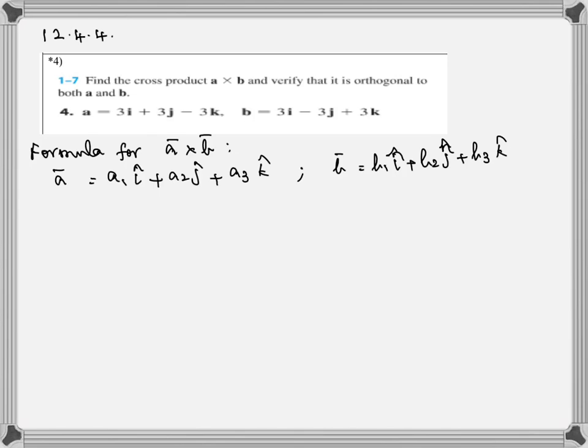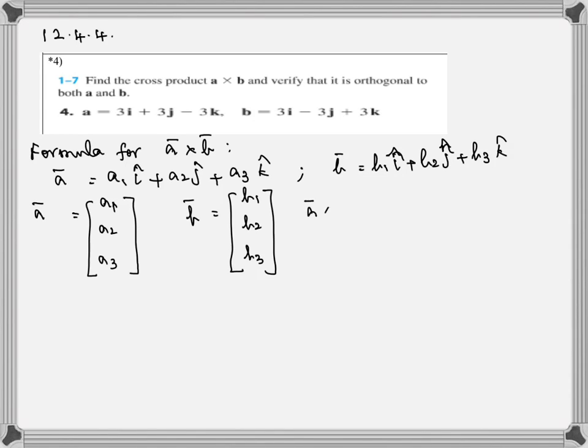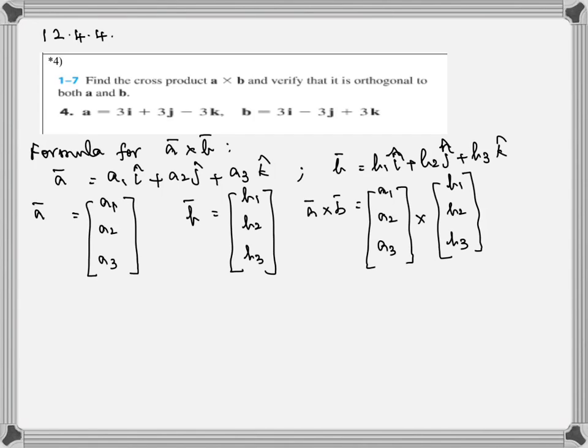We have a way of doing it. Let's take A in the 3 rows and 1 column matrix form, and B also in 3 rows and 1 column matrix form. Then we have to do A cross B.